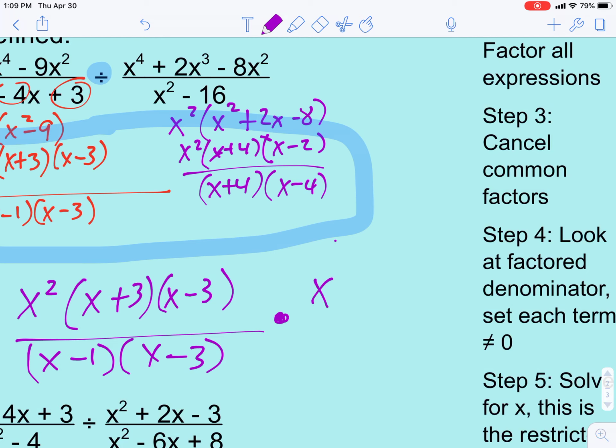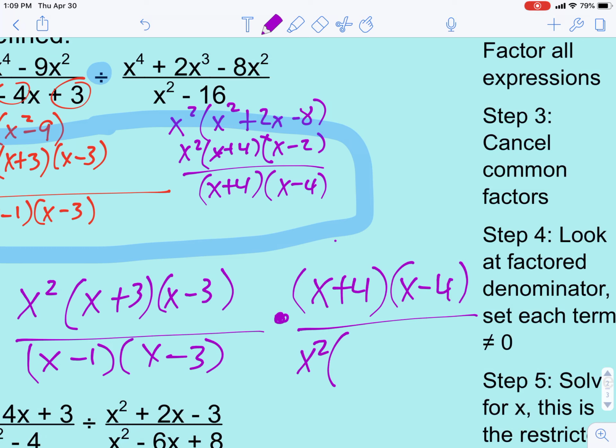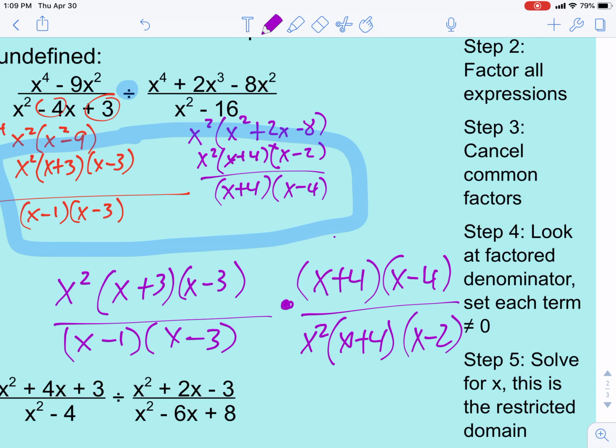And then we flip the bottom to the top and the top to the bottom. So the x plus 4, x minus 4 is on the top. And then the x squared times x plus 4, x minus 2 goes on the bottom. All right, so we factored and then we reciprocated. Whether you do that first or second doesn't matter.